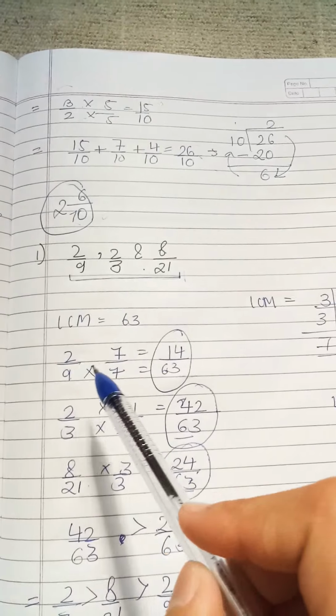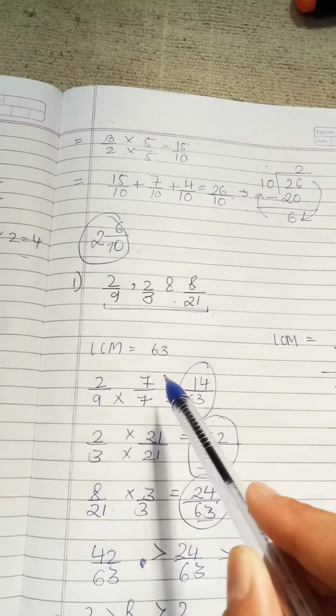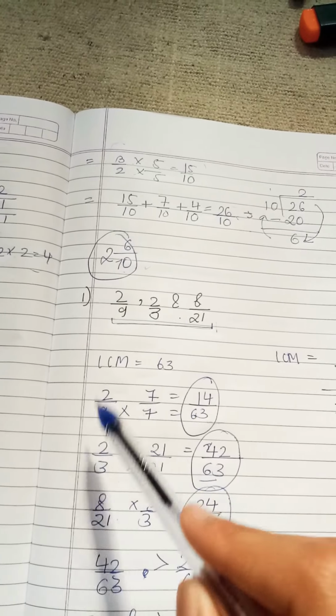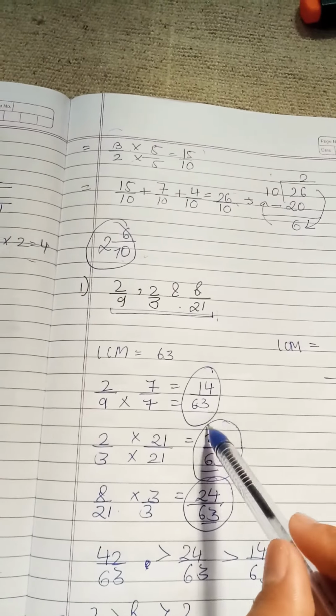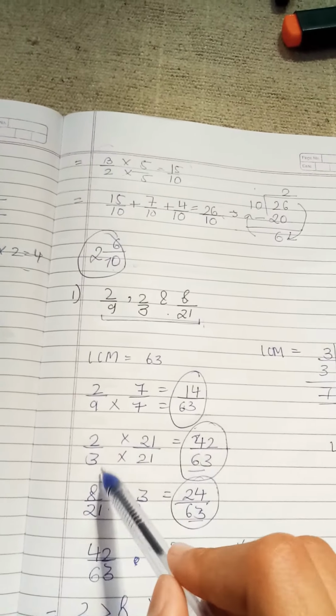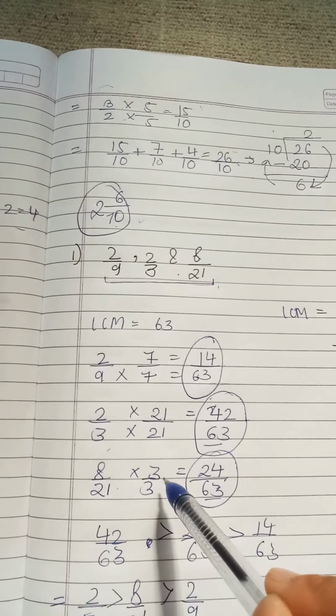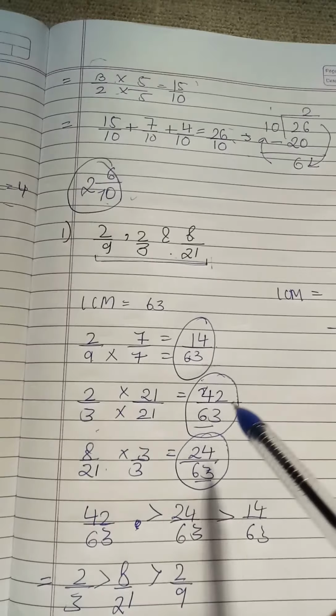Now 2 upon 9: 9 into 7 equals 63, so we multiply 7 with the fraction and we get 14 upon 63. Same with 2 upon 3, we get 42 upon 63. And same with 8 upon 21, we get 24 upon 63.